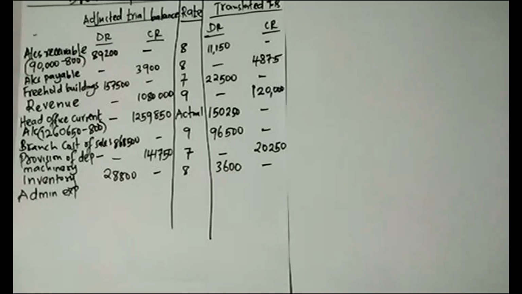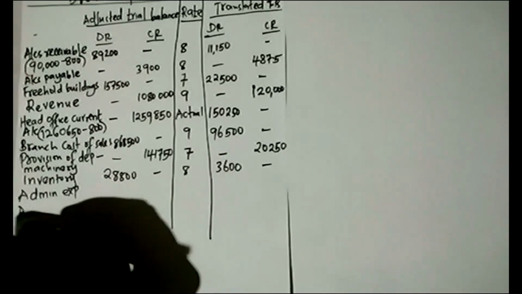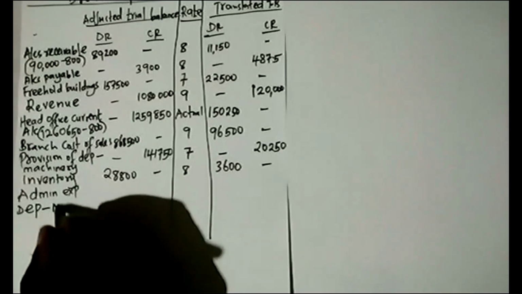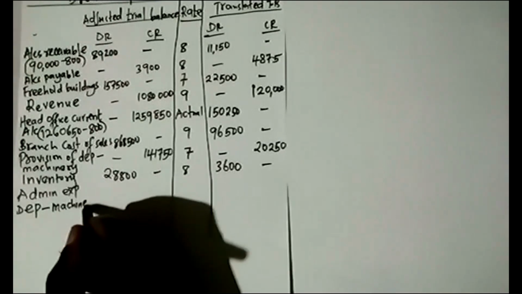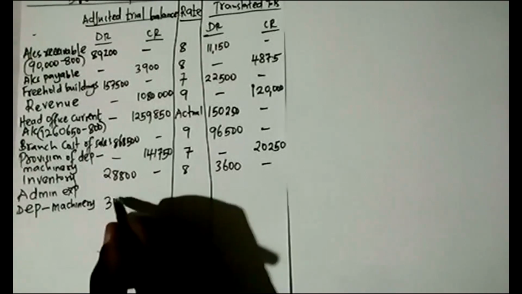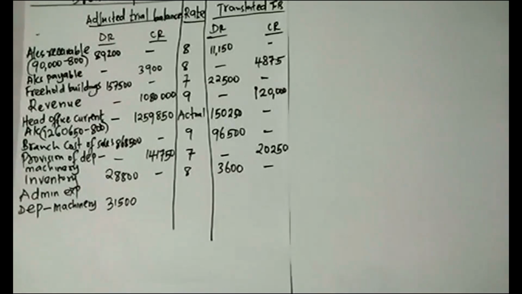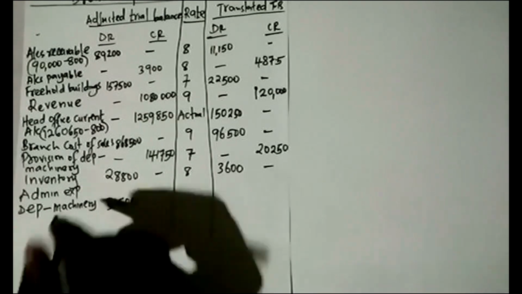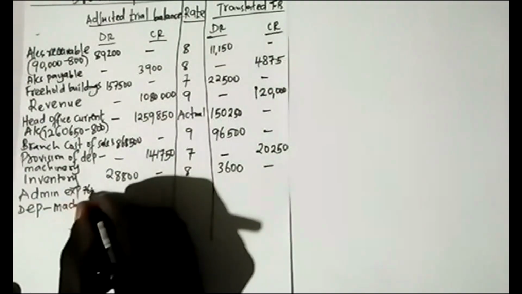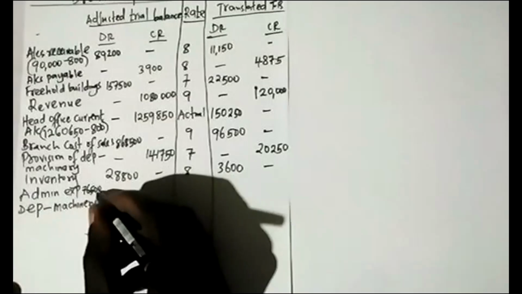So I will be dealing with the admin expenses and the depreciation separately. This depreciation is that of machinery at 10%, which we have already computed: 315,000 times 10% gives 31,500. The admin expense will be 76,500, you minus this.